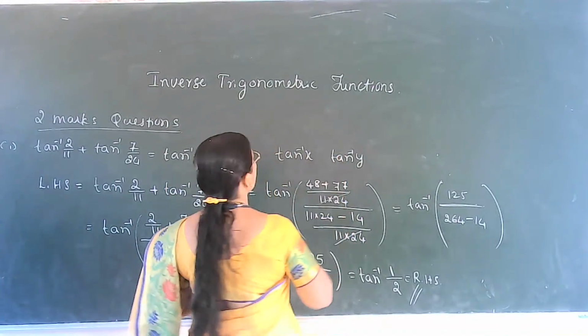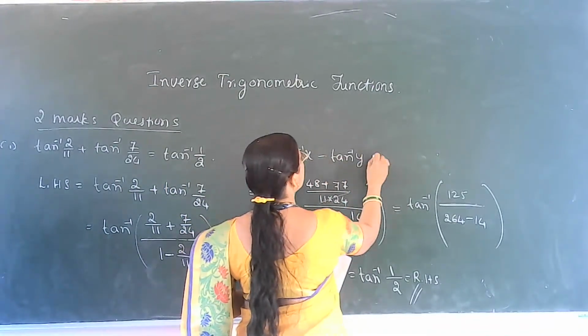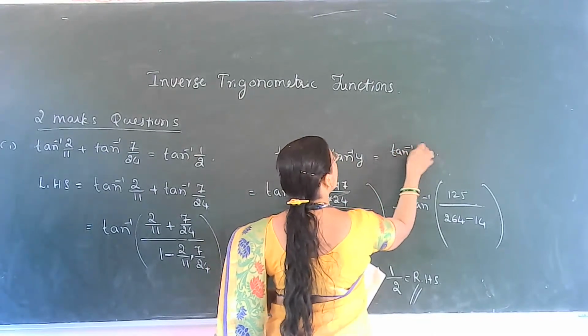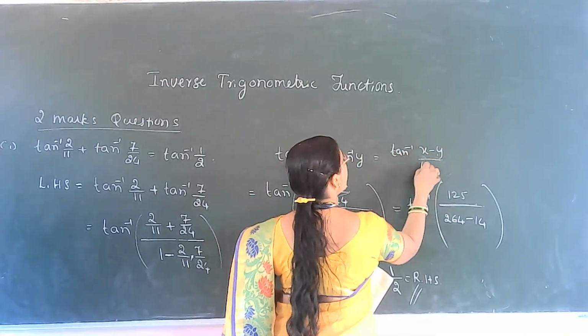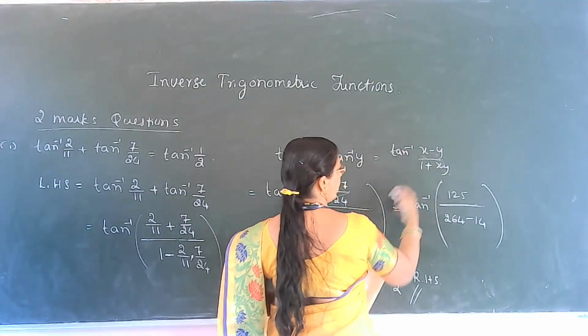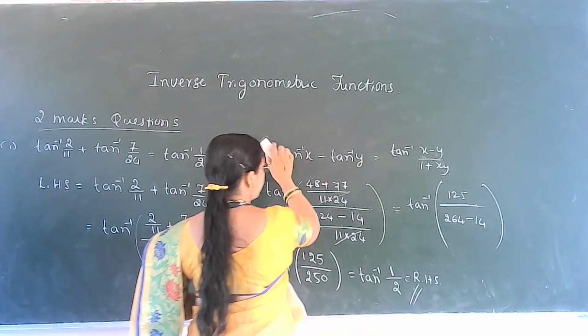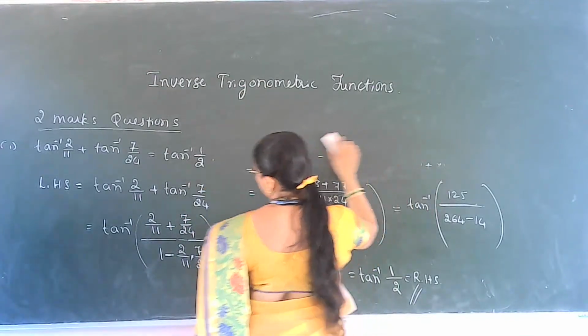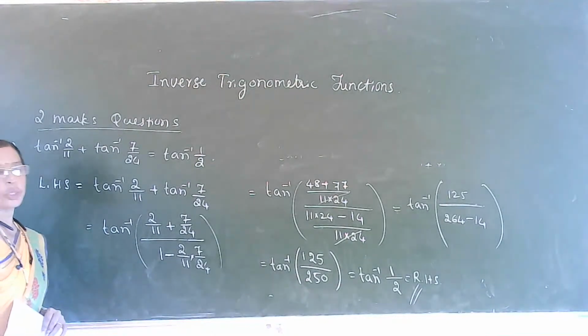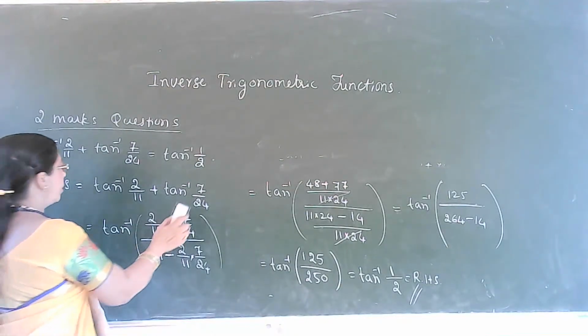If it is minus, then it is equal to tan inverse of x minus y divided by 1 plus xy. Here minus is replaced by plus. In every question paper this type of question will be asked.